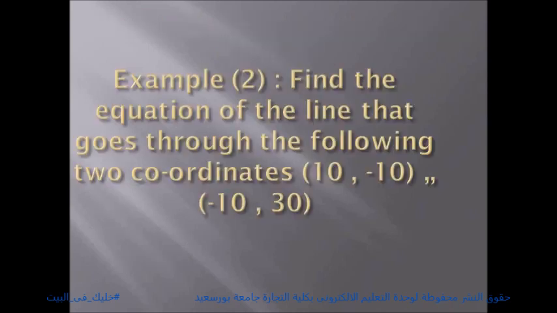Example number 2. Find the equation of the line that goes through the following 2 coordinates: (10, -10) and (-10, 30).